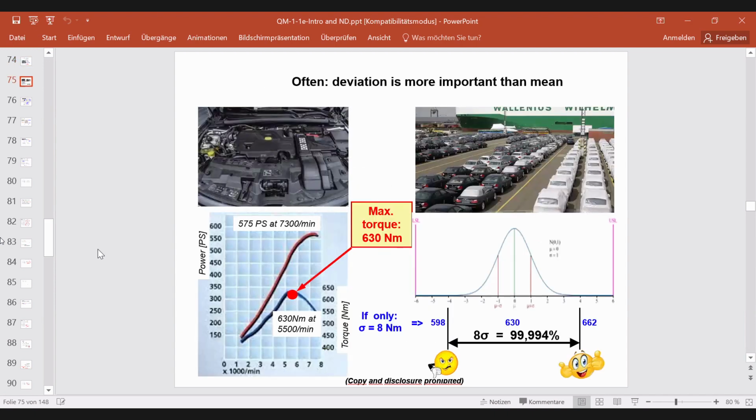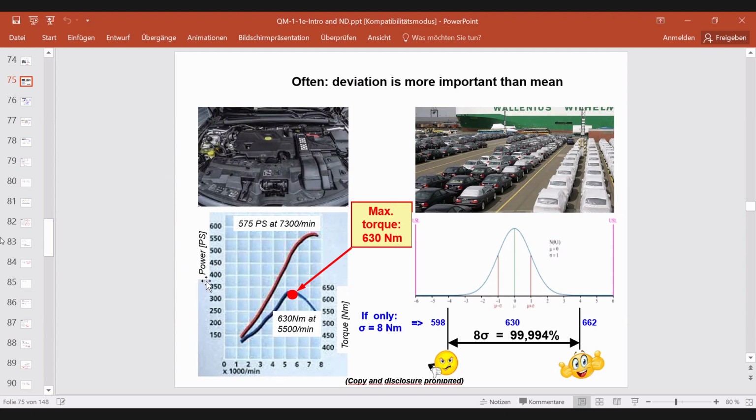An example from the industry: if you think of a lot of 100,000 cars, of course you have a deviation, you have a distribution. Not one car is the same as the next car. There are variations between the cars.